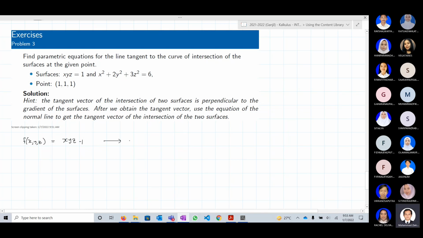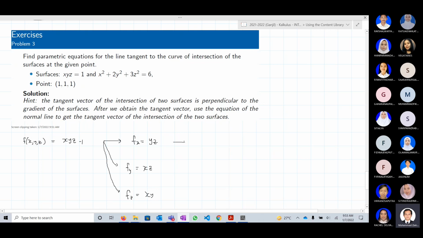Then from here we have that fx is yz, fy is xz, and fz is xy.